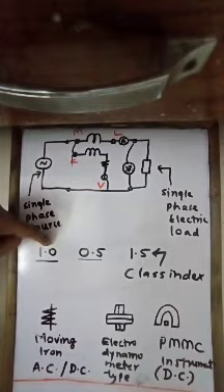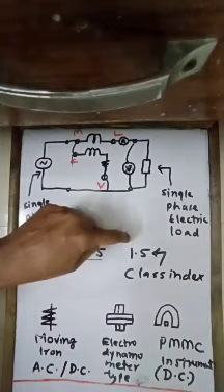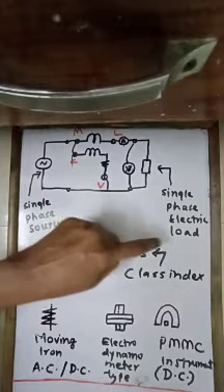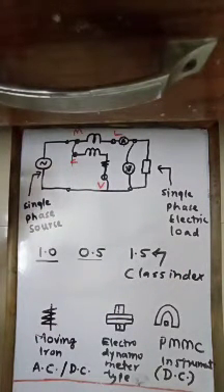If the class index is 1, it will have lesser accuracy. 1.5 will have lesser accuracy. If we have class index 2, again it will have lesser accuracy.